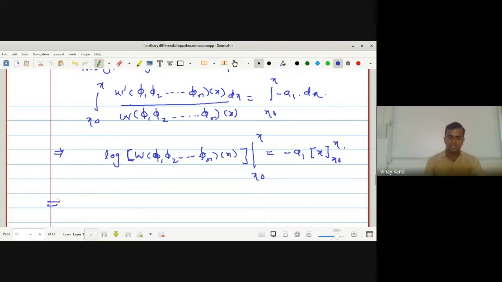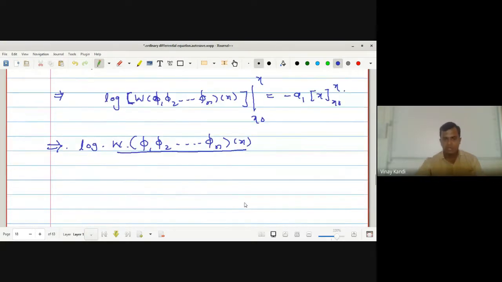Which implies that log of Wronskian of phi 1, phi 2, up to phi n of x divided by Wronskian of phi 1, phi 2, up to phi n at x naught, which is equal to minus a1 into x minus x naught.